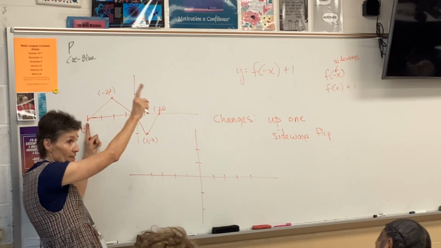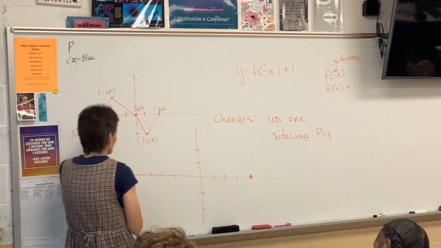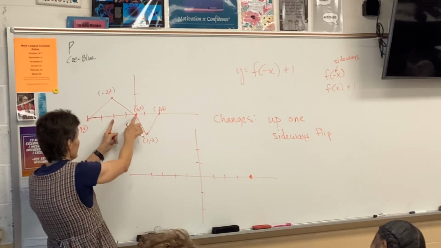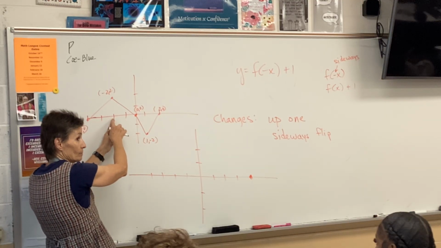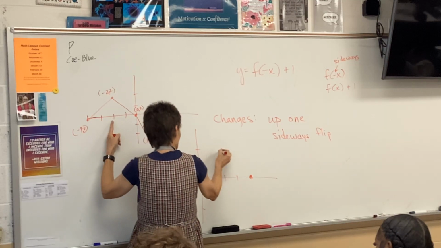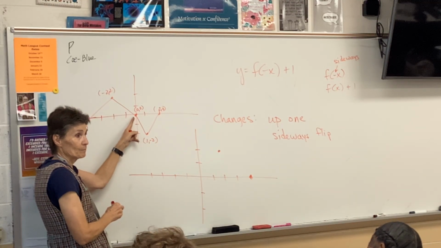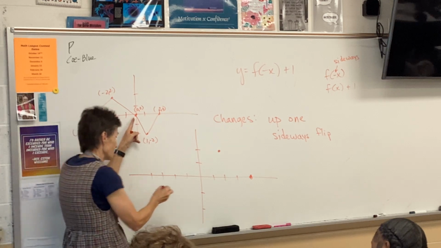So it's going to be right 4. That point's going to be out here. This point is left 2. It's going to be right 2. Now that point's at the origin, so it didn't go anywhere, it's still not going anywhere.